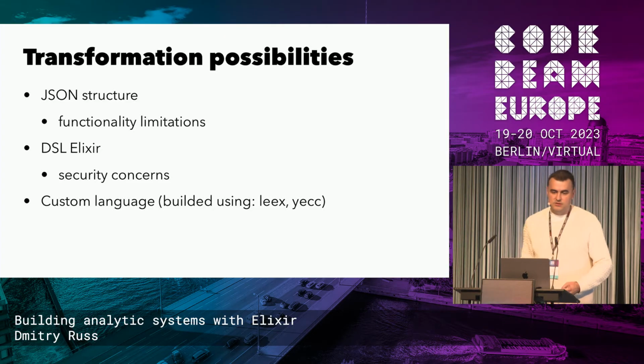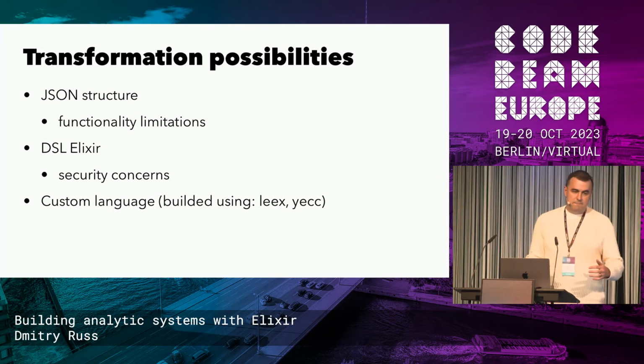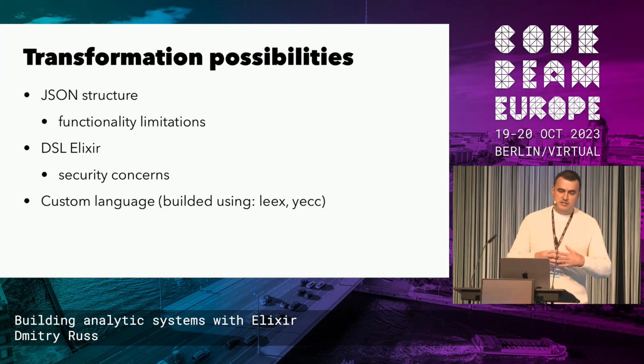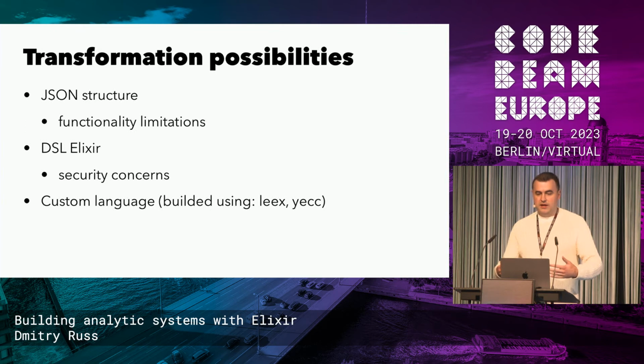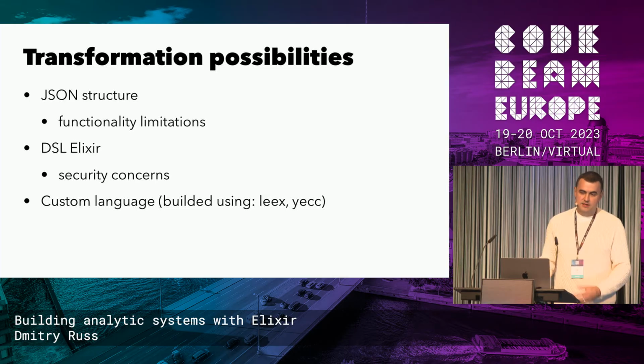How to define this? You can have a JSON structure or any other format, for example for the API, where you have a front end which says how to transform, and you can specify steps here.